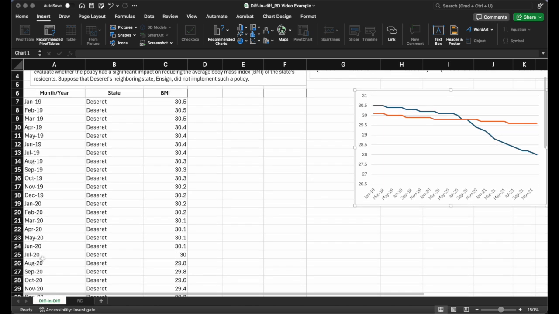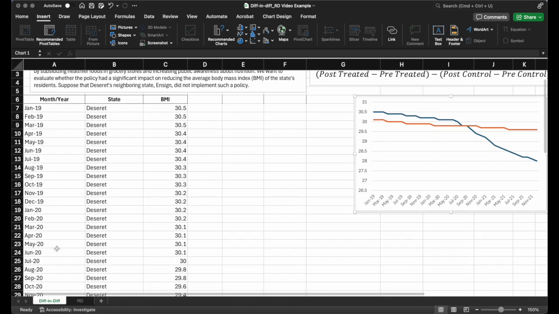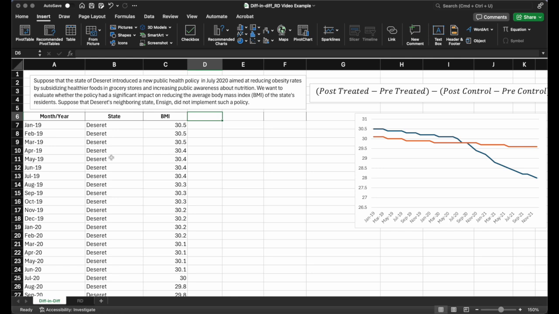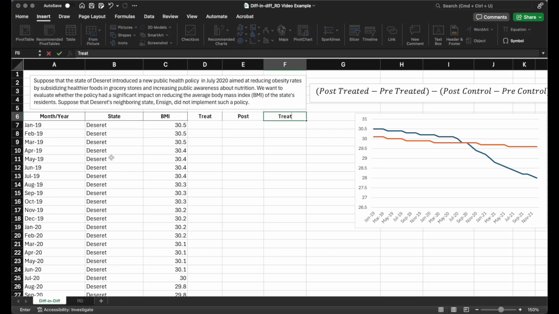So it can't just look at dates and determine whether it's in the pre-group or the post-group. So I need to create some kind of quantitative measure of whether it's in the pre-group or the post-group. So I'm going to start with treat, so whether or not it's in the treatment. We're going to do a post, and then we're going to do treat times post, which we'll talk about here in just a little bit.